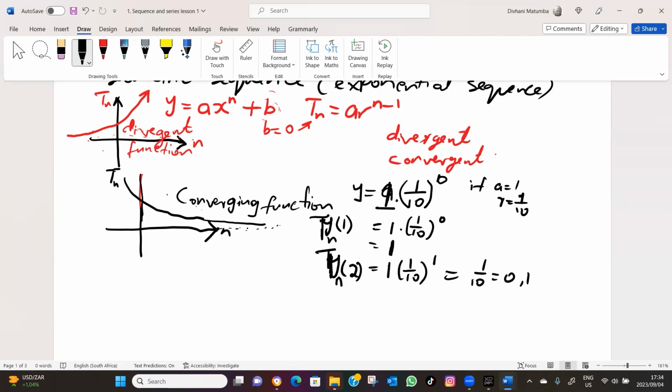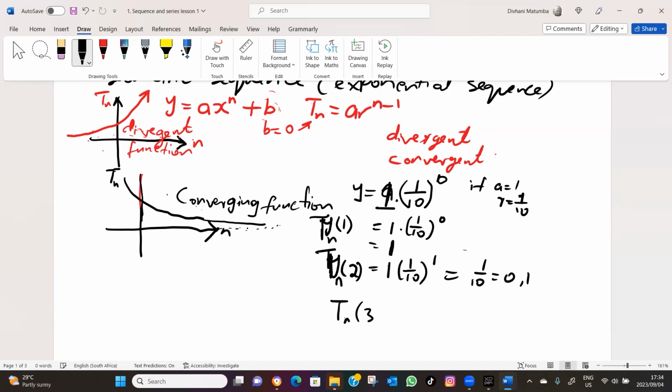As you can see, the more you increase the value of n in this function, the more your Tn decreases. Let me give another example.